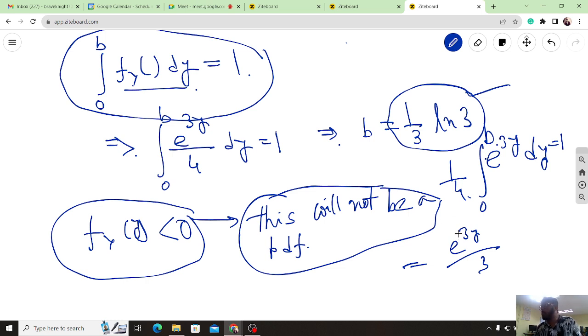Yeah, that's what I was getting, ln of 13. Because 12 plus 1, the minus 1 from the left-hand side moves here, so it will be ln of 13. Yes, thank you.